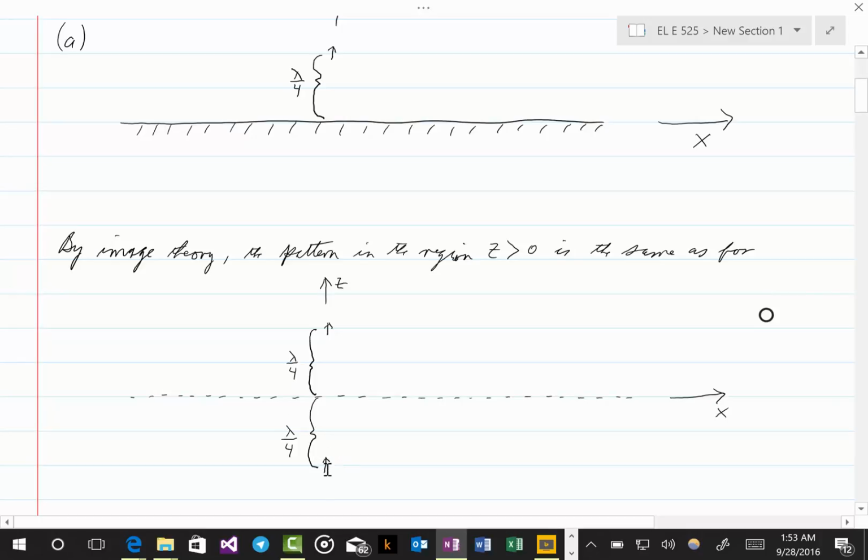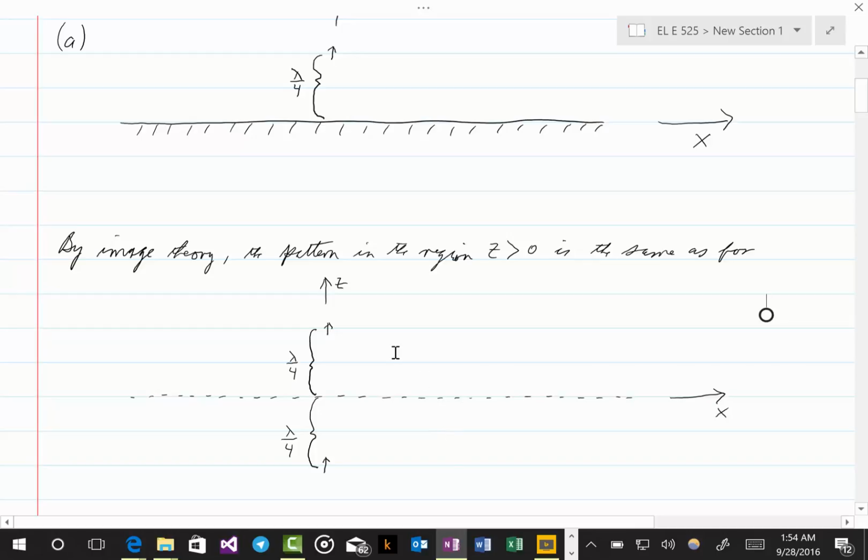So this is a purely vertical line current source here, and so its image will look exactly like it. And for this problem, by image theory, we know that the fields in the region Z greater than 0, which is what we're interested in, will be the same as in this original problem up here.